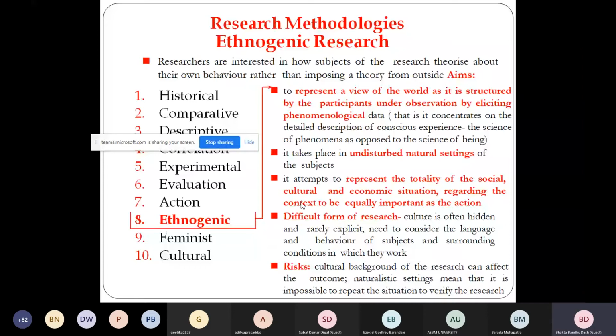Because establishing that research setting and collecting information is very, very difficult. So we have to be very careful when we undertake this kind of research process. Whatever cultural ambiguities there are, before we enter the process, we need to structure those ambiguities so that while we undertake the research, they do not create a hindrance for us.